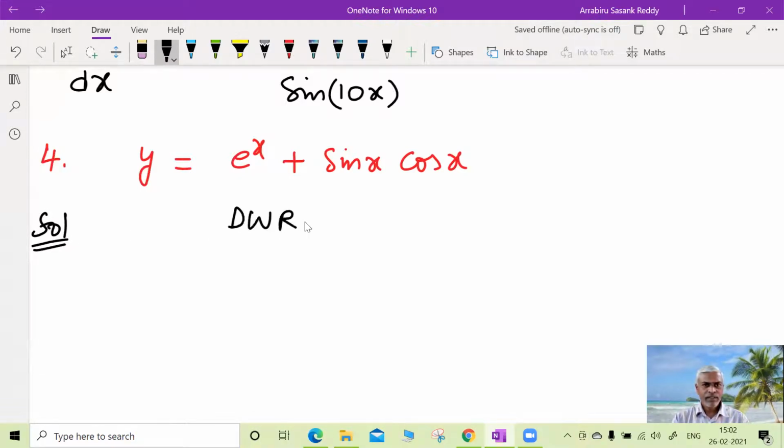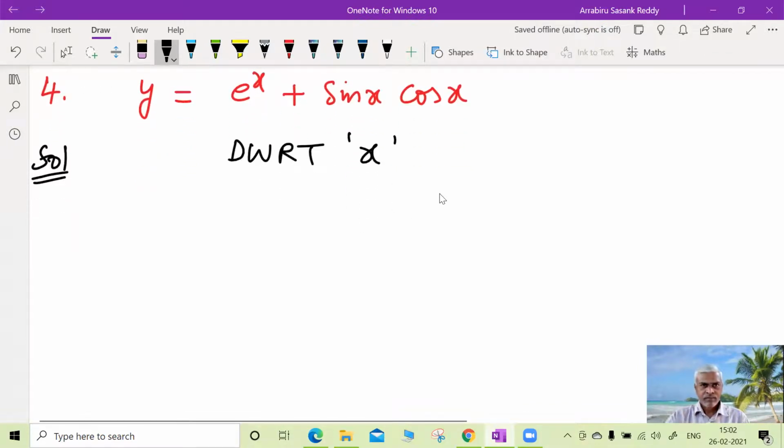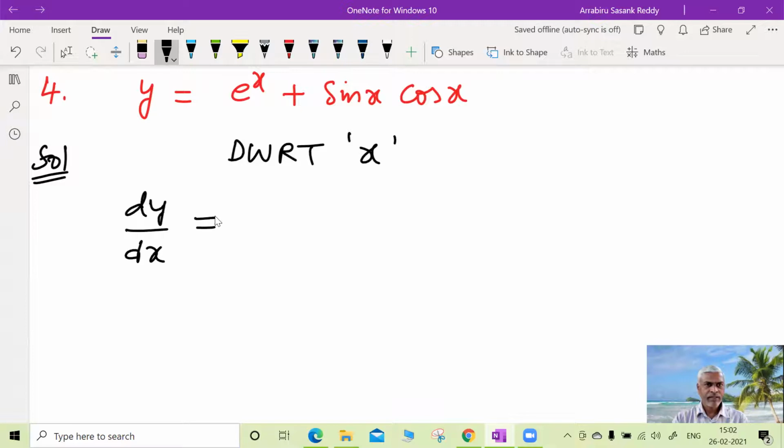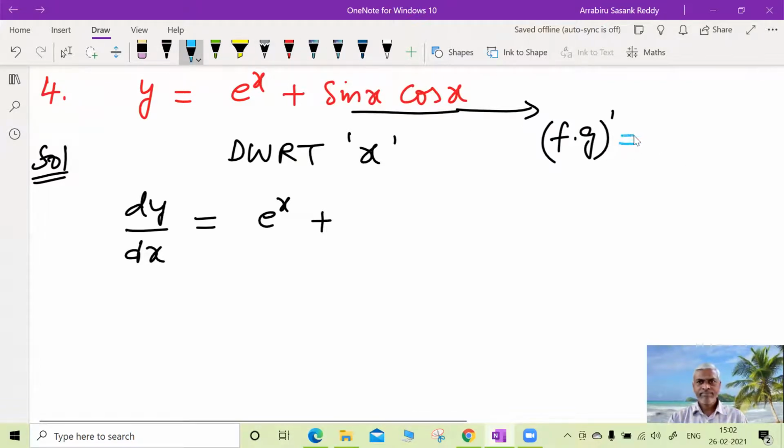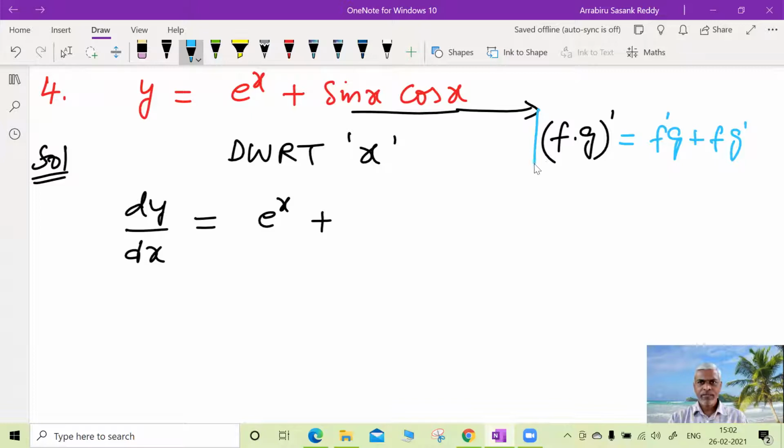So differentiating with respect to x, dy by dx. E power x differentiation is e power x, and this can be considered as fg, f dash g plus f g dash, product rule.